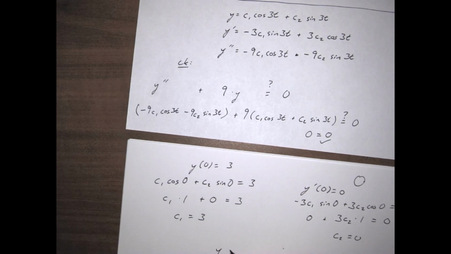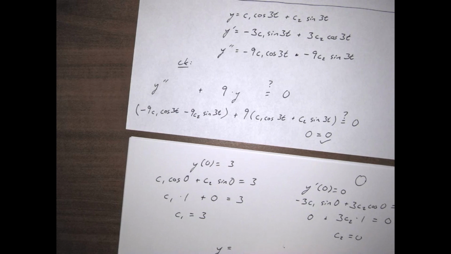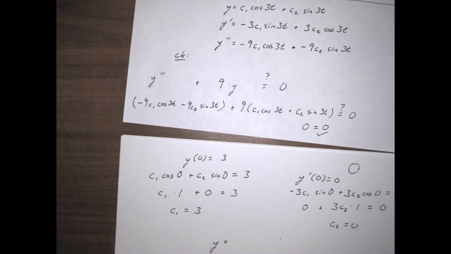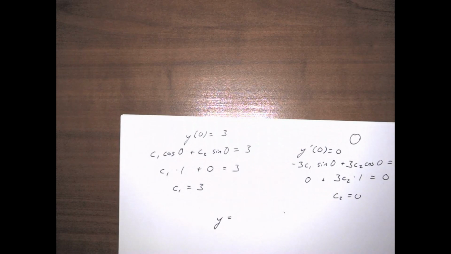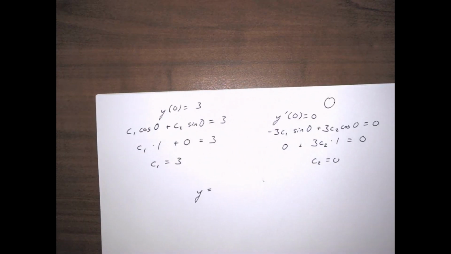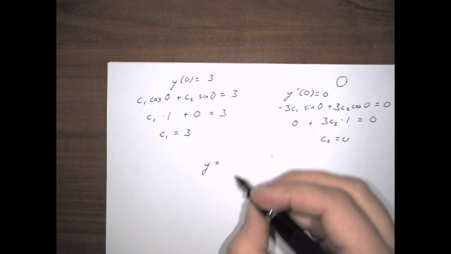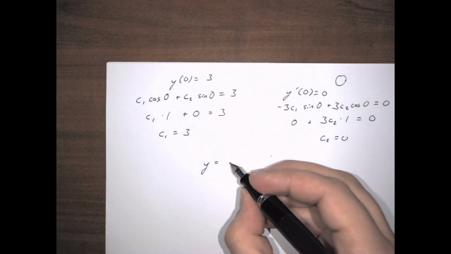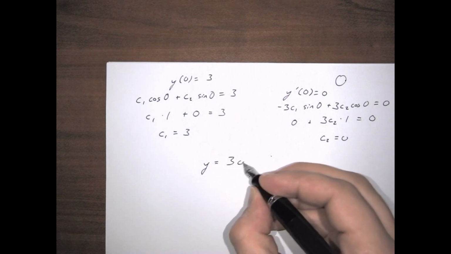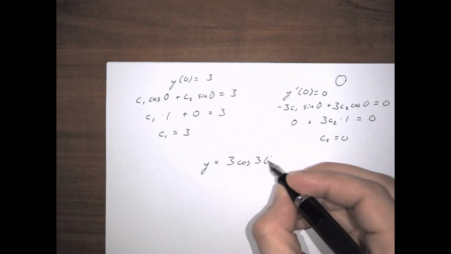So then what that means is that y is in fact equal to not the generic c1, c2 expression anymore, but now we have specifically pinned it down to one function, the function whose c1 value is 3, c2 value is 0. So that means we're going to have 3 cosine 3t plus 0.